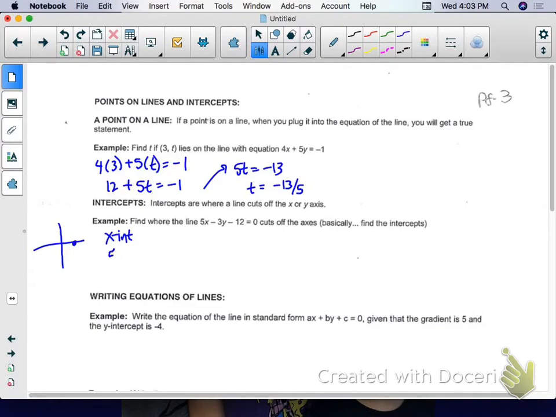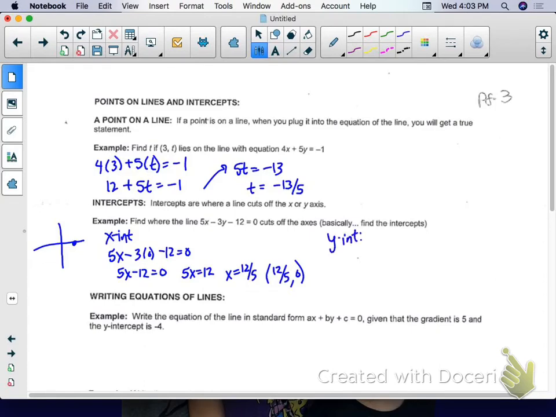So that's going to be 5x minus 3 times 0 minus 12 equals 0. So 5x minus 12 equals 0. 5x equals 12. x equals 12/5. I don't care if you write that as a point, but in case you're asked to, that would be your point.